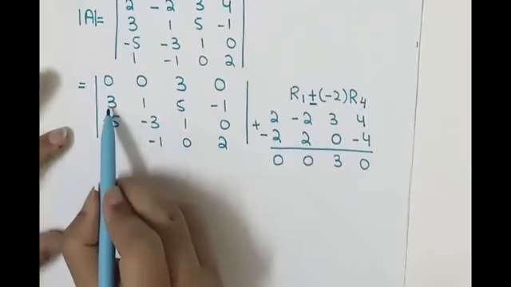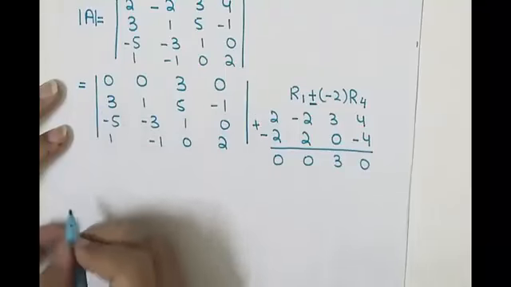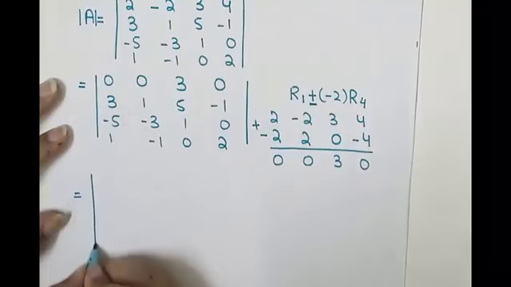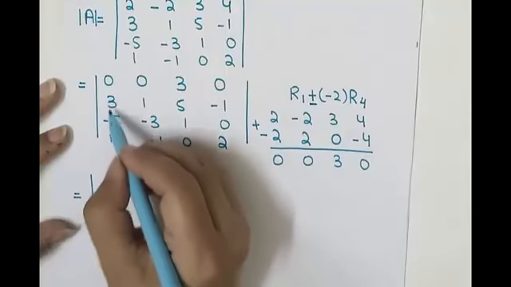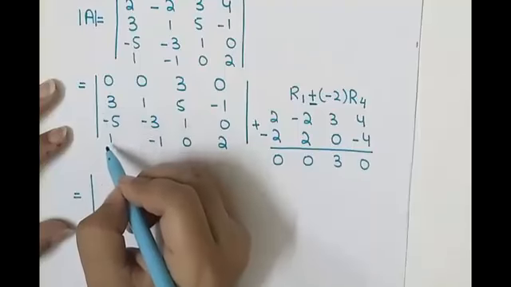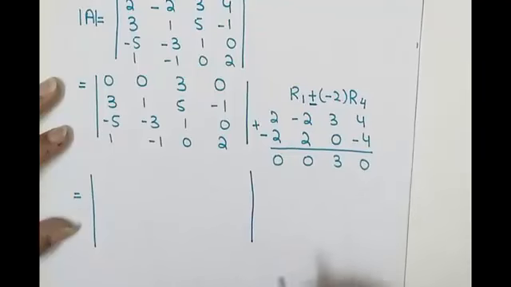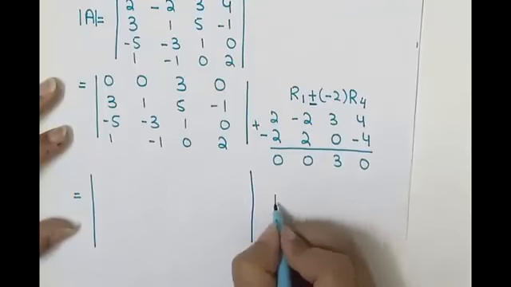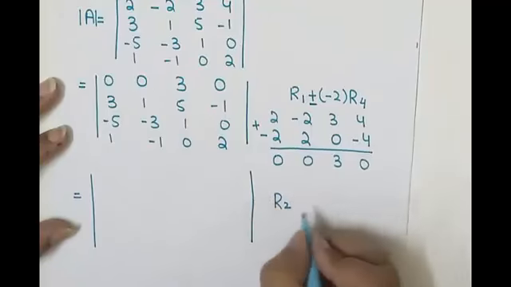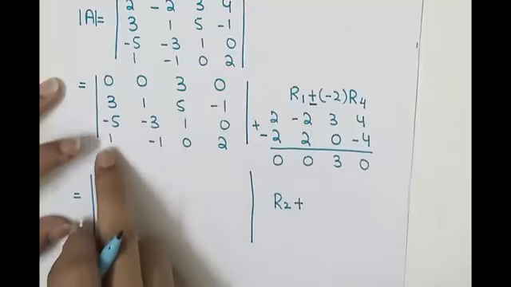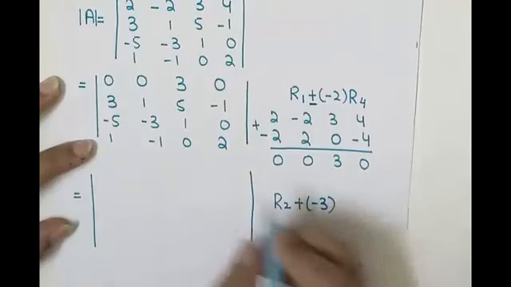Okay, now let's make a change in R2 and make this 3 zero. How can we make it? If we multiply minus 3 with this 1 and then add the two rows R2 and R4, it will give us 0 here. Let's check it. The next operation is on R2 because we wish to bring a change in R2. So first we will write R2 plus, then we will multiply minus 3 with R4.